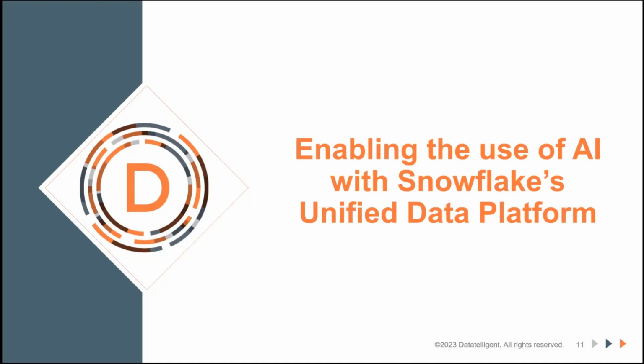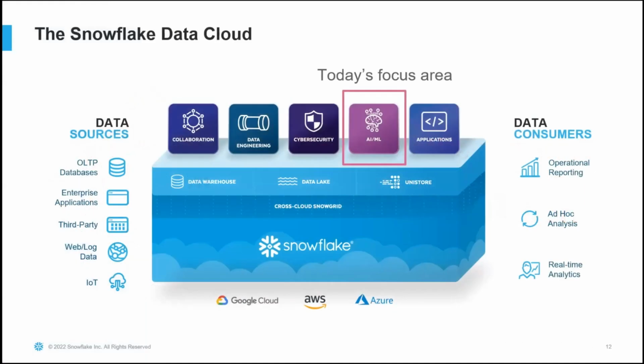If you're not too familiar with Snowflake as a platform, we are a software as a service data platform that runs in the three major clouds, which is Google, AWS, and Azure. And we do a whole host of use cases. Today, we're going to focus on AI, but there's a whole host of use cases that organizations drive out of Snowflake.